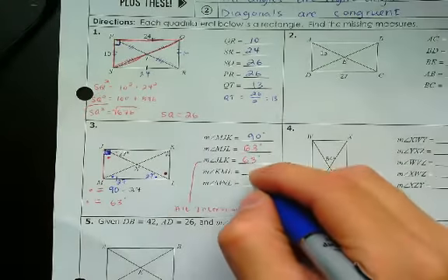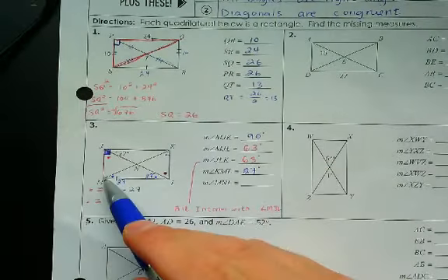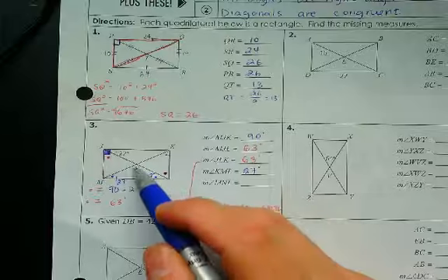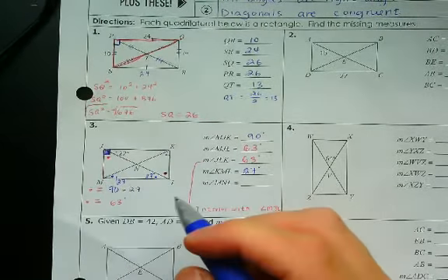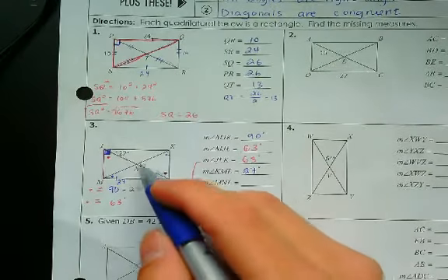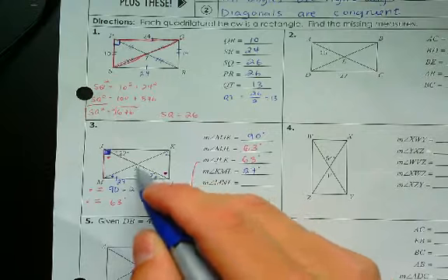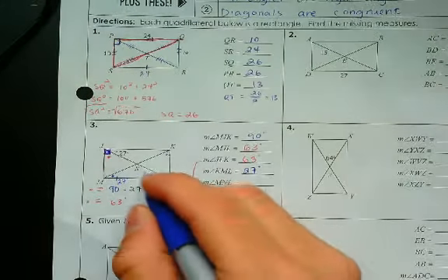Okay, so we got 27 degrees for KML, 27 degrees MNL. So that's this one right here. Okay, we're going to figure that one out because we know that all angles in a triangle add up to be 180 degrees.